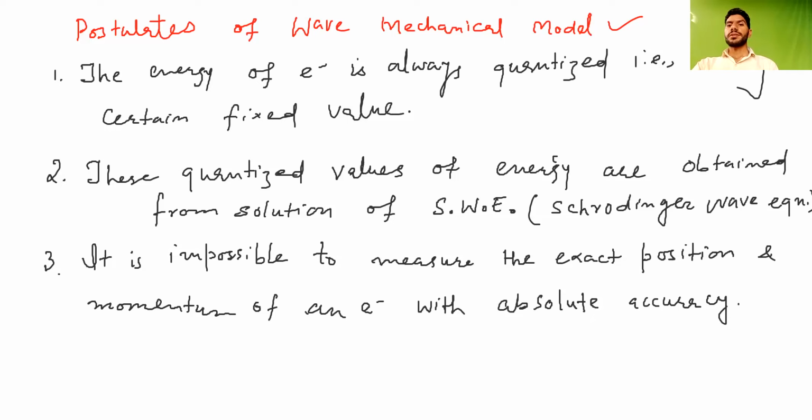So it is impossible to measure the exact position and momentum of an electron with absolute accuracy.